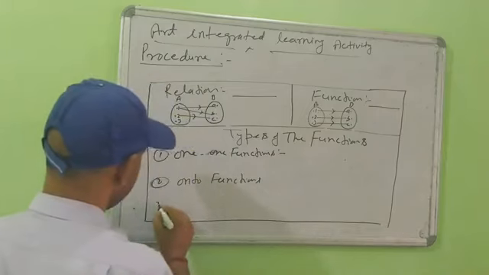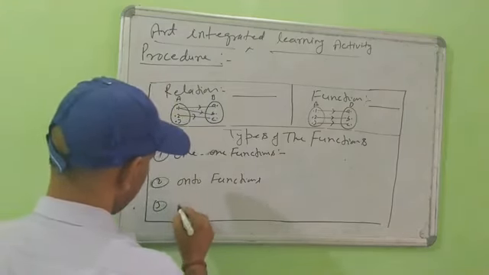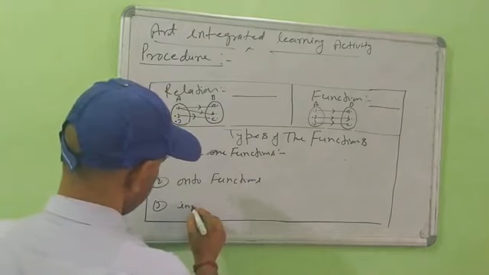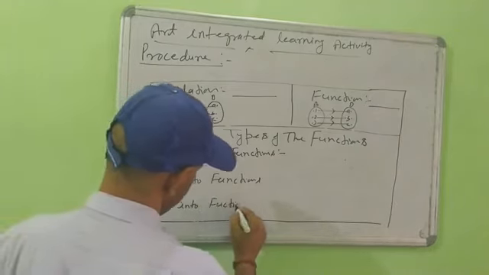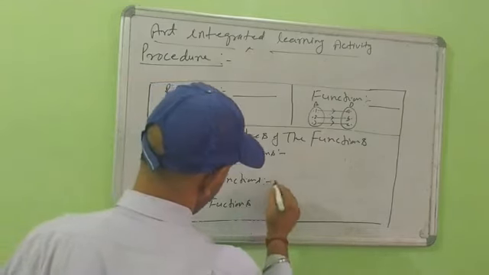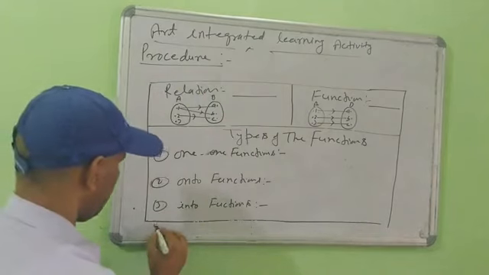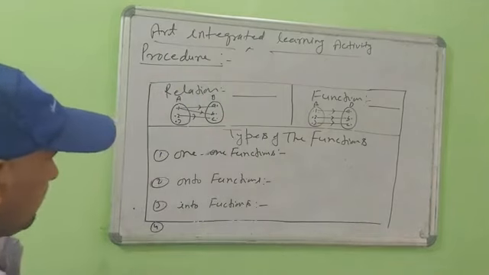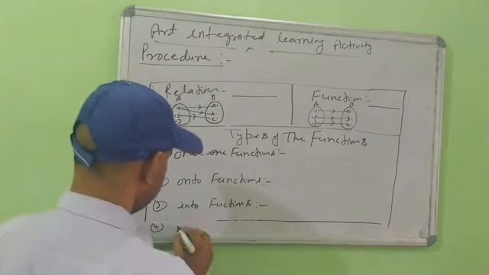And third type of function here: into function. And next, one more, the fourth type here: bijective function.